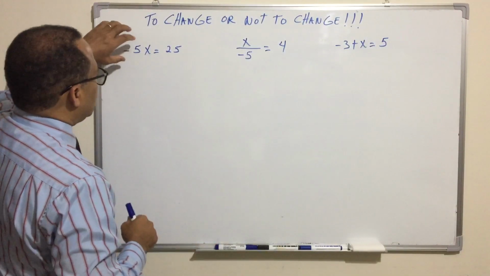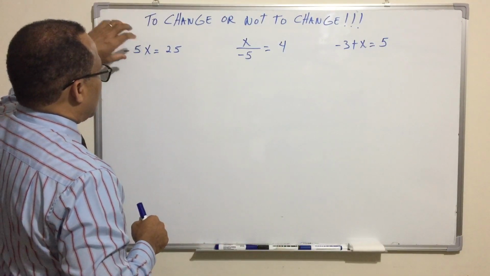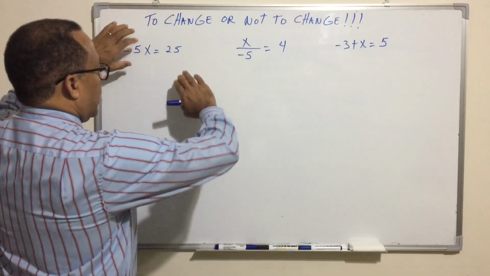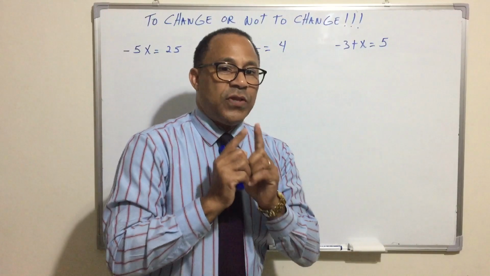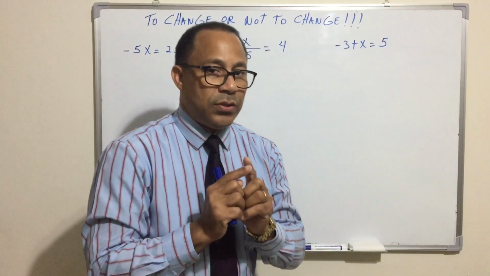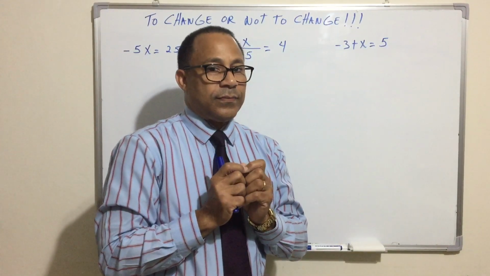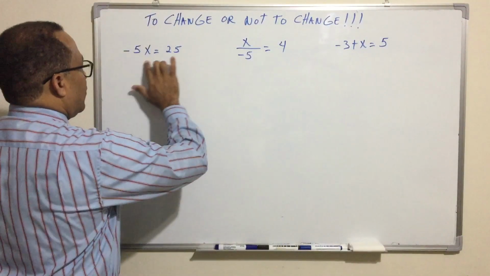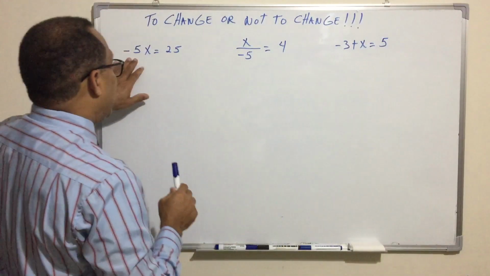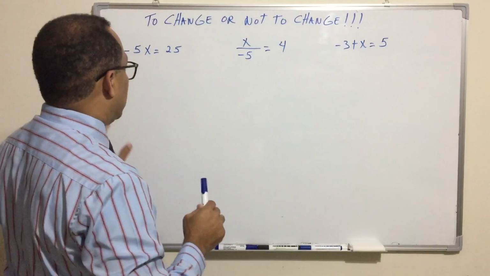When moving one term from one side to the other side, it goes with the opposite of the operation involved. It means, what's the operation involved here? Is it a subtraction? It is not.